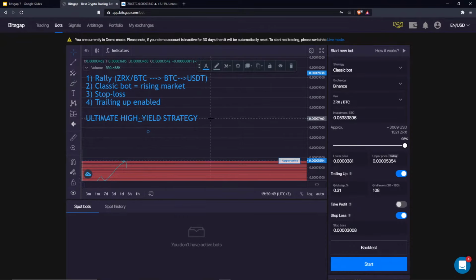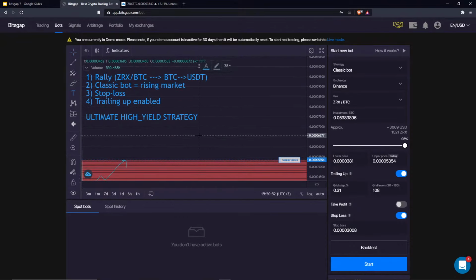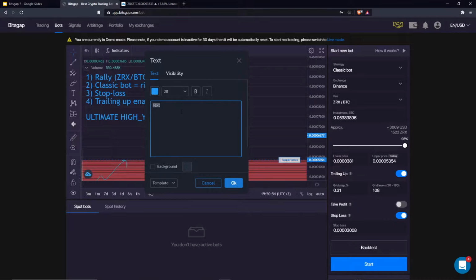Okay, so now the conservative strategy would imply that, well, you expect the rally, that's okay, but you are trading cryptocurrency pairs that are trading to stable coins like BTC, USDT, for example. The next one is again the classic bot, as you know that on the rally that's the best one.